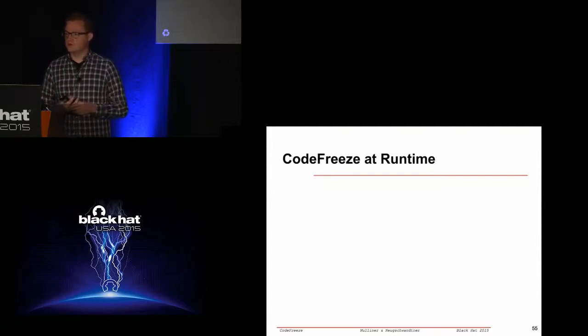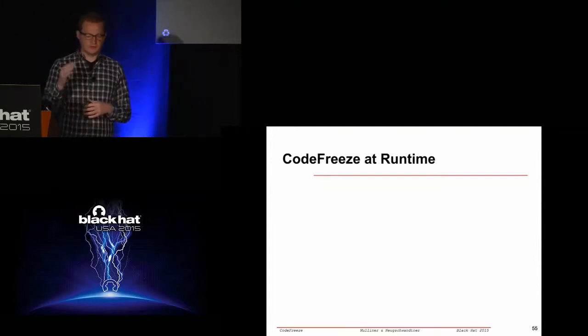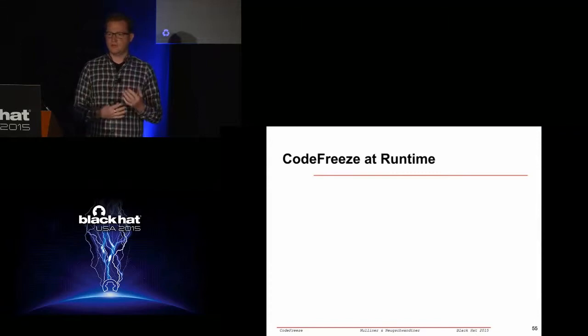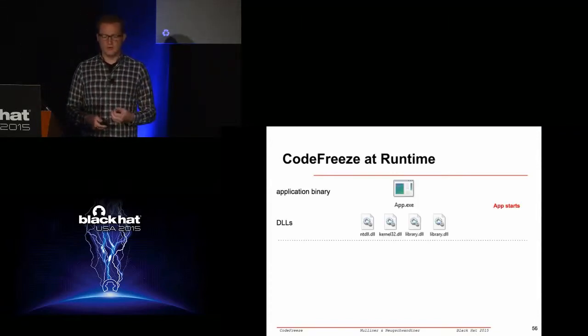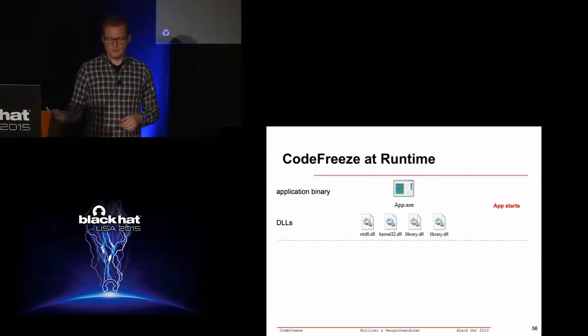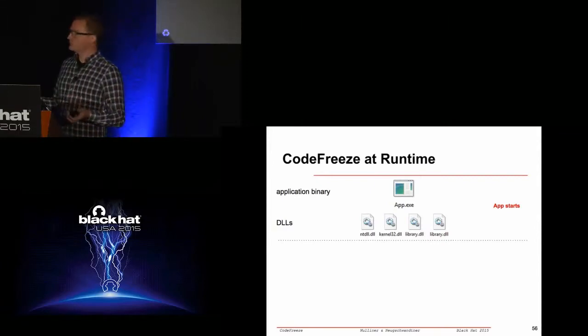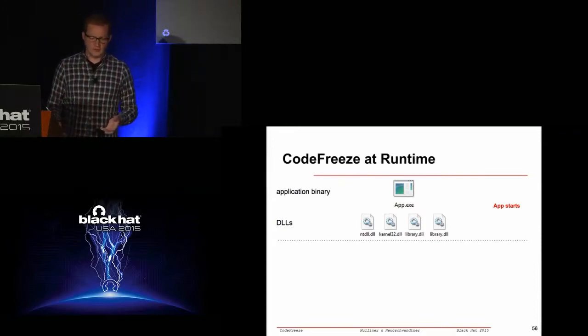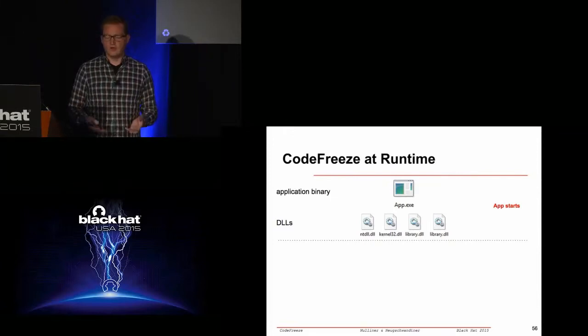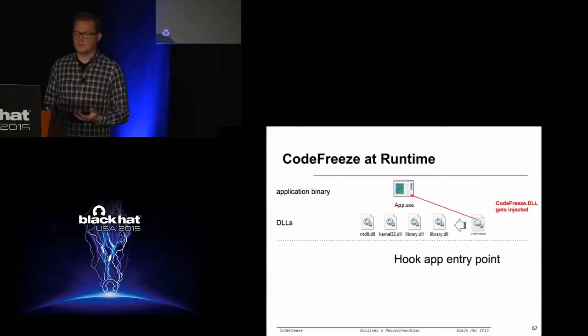Before I show you a demo, I'm going to quickly step through what actually happens when an application is under code freeze protection. What happens at code freeze in runtime? The application starts, and the linker loader loads all the DLLs that are referenced in the PE file.